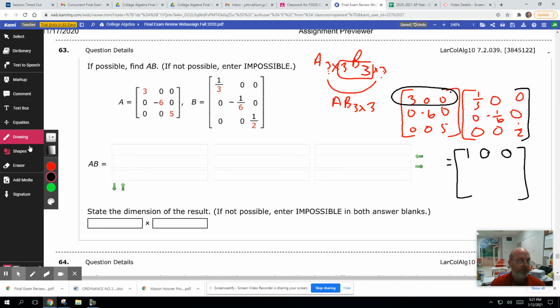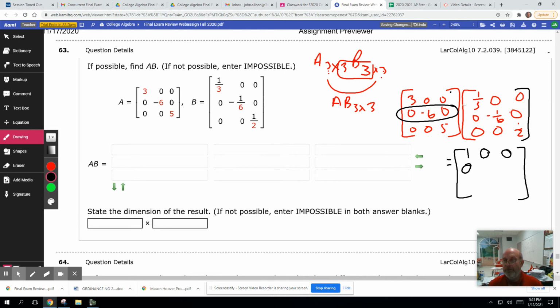Now we're going to move to the second row in our product matrix. This time, we're going to multiply the second row in the first matrix times the first column. And we're going to get 0 times 1/3 plus negative 6 times 0 plus 0 times 0. All of that is going to be 0.